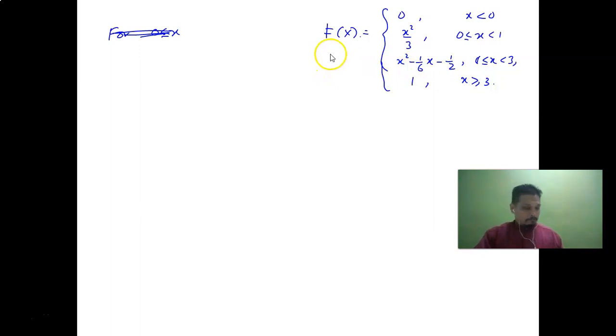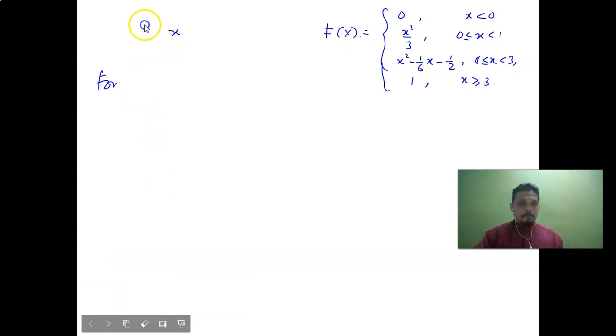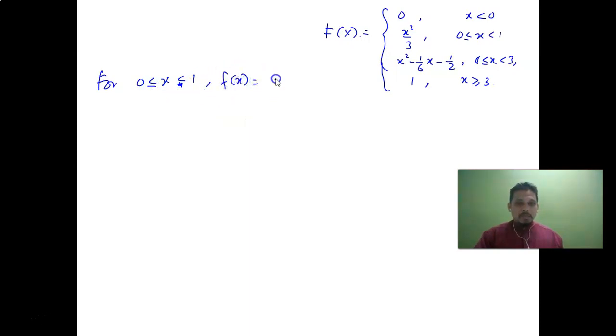Okay, now for x between 0 until 1, f(x) equals the derivative of the function x squared over 3 with respect to x, which gives you 2/3 x.